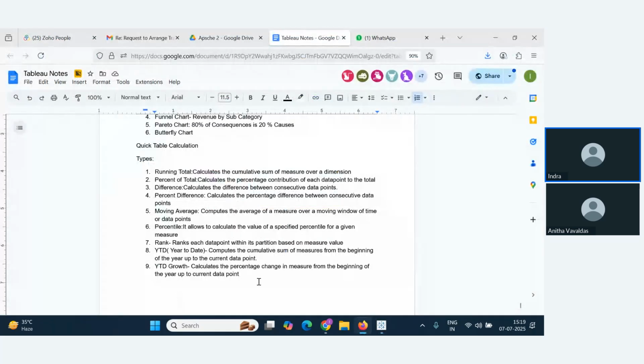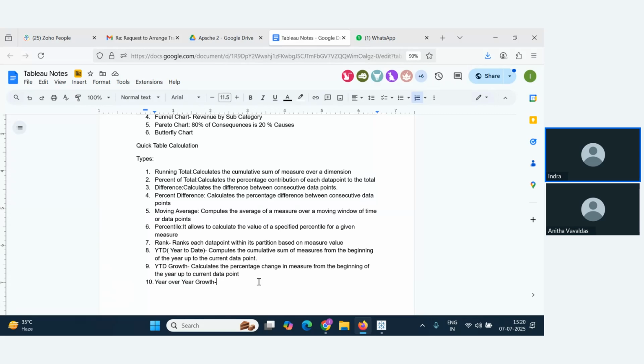Clear to all of you? Let's jump to the next one. The 10th one, that is year over year growth. What is this now? See guys, year over year growth calculates the percentage change in the measure as compared to the same period in the previous year.